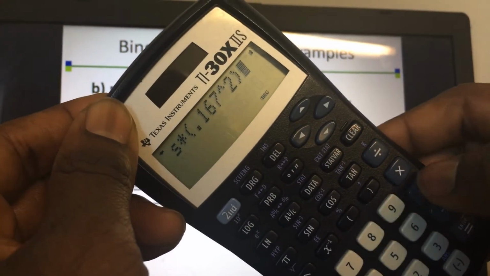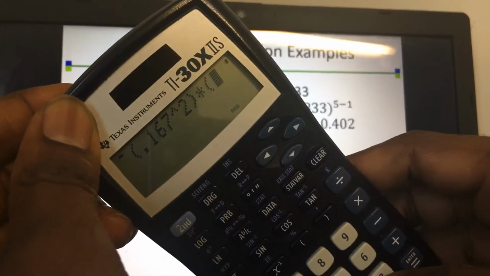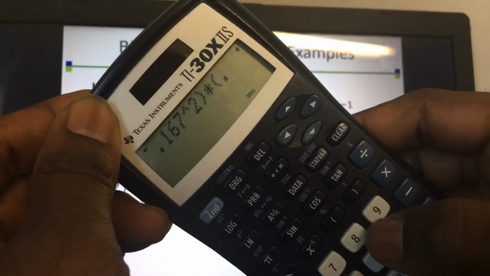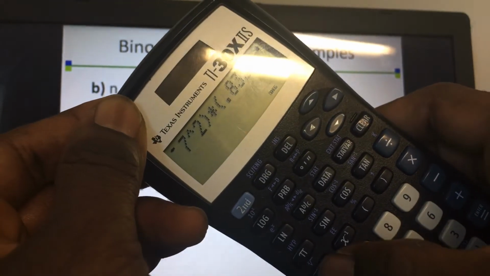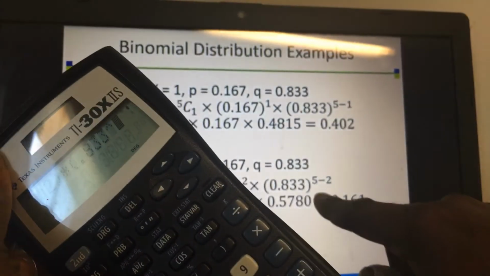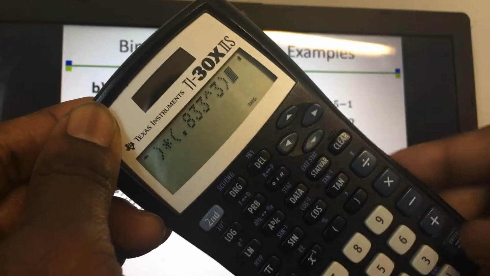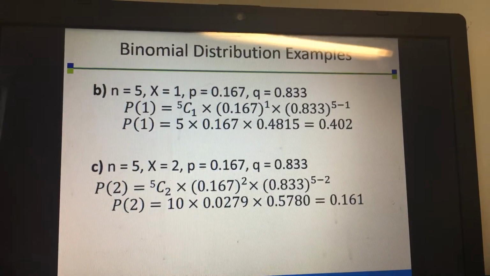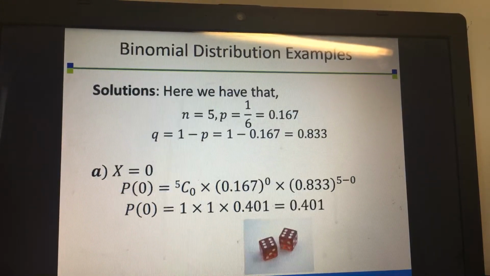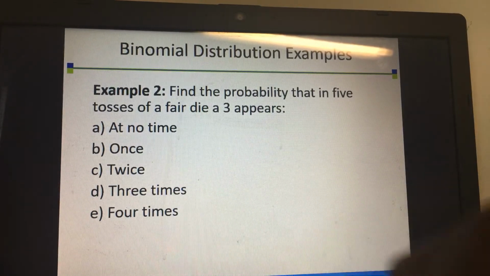Close it. Times 0.833 raised to the power 5 minus 2, which is 3. Okay, that'll give me 0.161. That's right there. Okay, that's it. Very easy. So following the same process, you can get 3 times and 4 times, and I have it here for you.